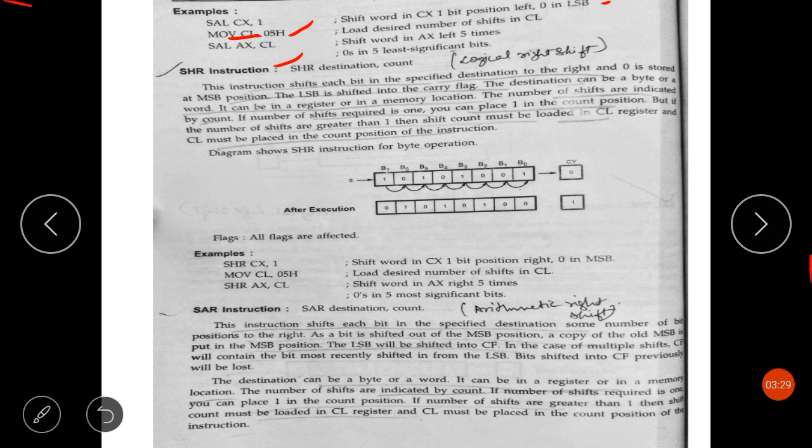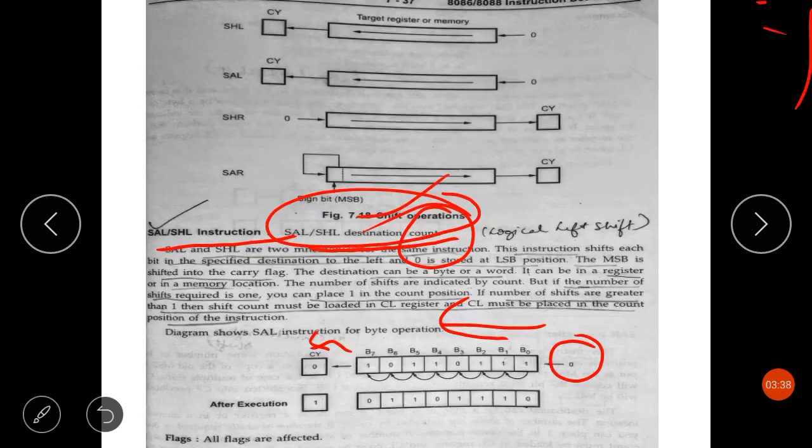That is, I need 5 counts, so 5 shifts, and CL will be loaded with 5. Again, this instruction shifts the content of the destination towards the left. The LSB gets loaded with 0, and the MSB gets stored in the carry flag.